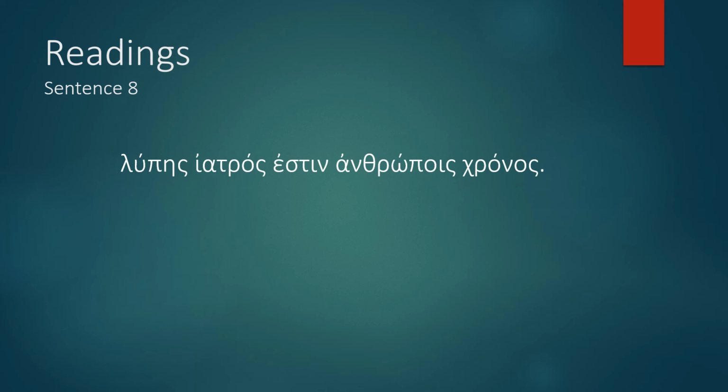We've already seen iatros with the genitive, and lupês is right next to iatros, so I'm thinking of taking that together. Also in the objective sense, the healer of pain is time. Well, okay, that makes pretty good sense already.